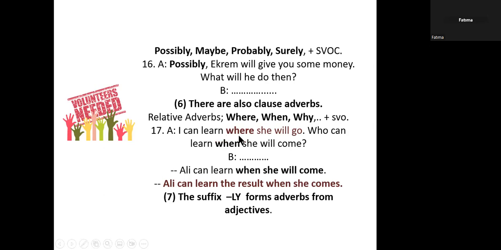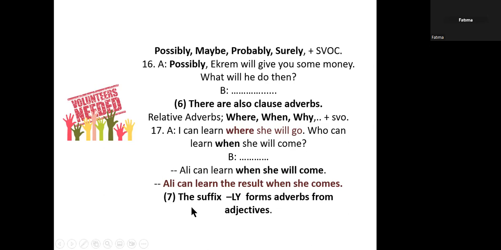I can learn where she will go. Who can learn when she will come? Murat can learn when she will come. Ali can learn when she will come. Ali can learn the result when she comes. Now, this is a noun clause. We will study them in detail at the advanced level. The first one, Ali can learn when she will come, is a noun clause, but Ali can learn the result when she comes is an adjective clause, a relative clause.